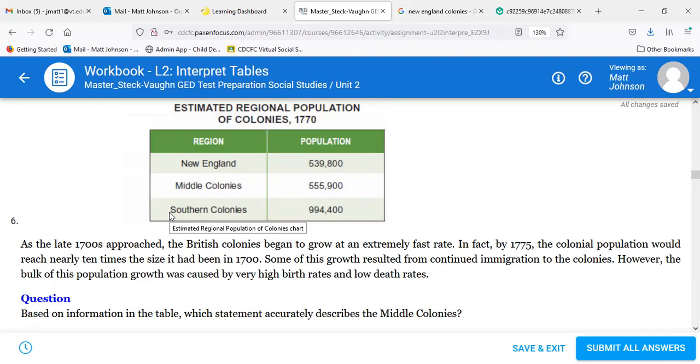Some of this growth resulted from continued immigration to the colonies. However, the bulk of this population growth was caused by very high birth rates and low death rates. So that's what I mentioned before, early on in the 1600s, it's a lot about people coming to the New World, coming to North America as immigrants. And then by the time we get to the years before the American Revolution, now the birth rates have picked up, right?